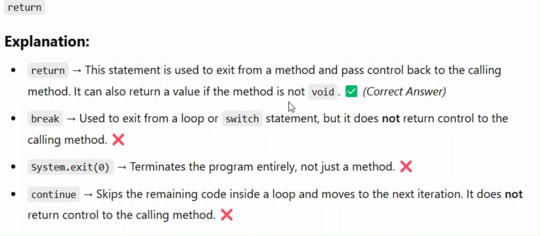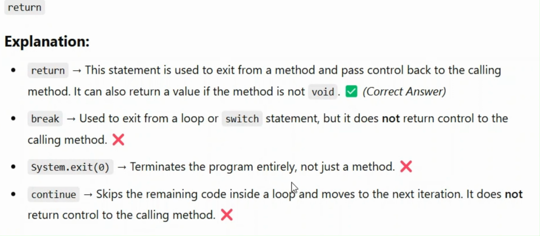It will return an integer, double or string, any type of value to the calling method. Break: break is used to exit from a loop or switch statement, but it does not return control to the calling method. Remember, break is used to exit from a loop or switch statement.